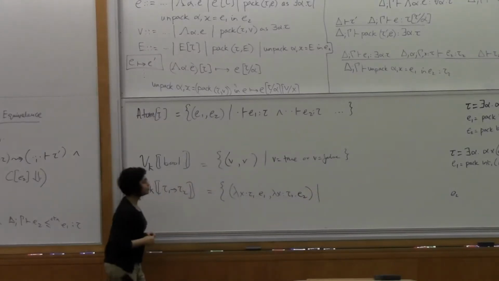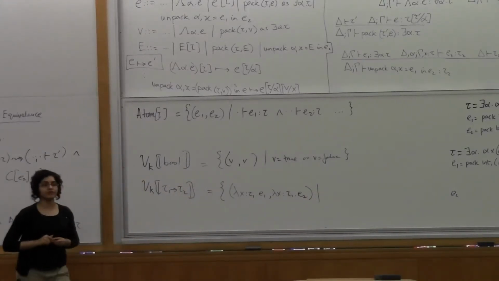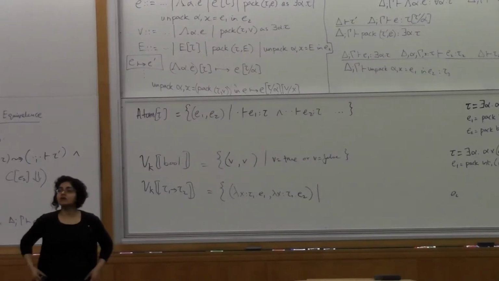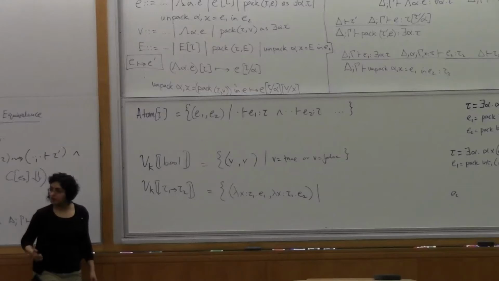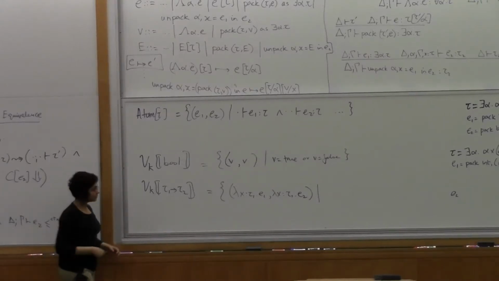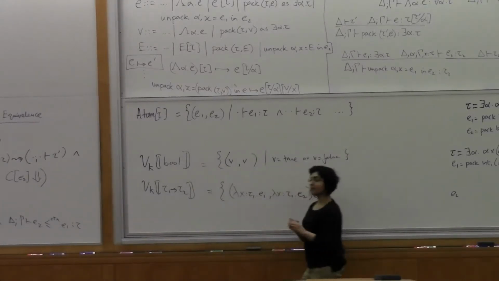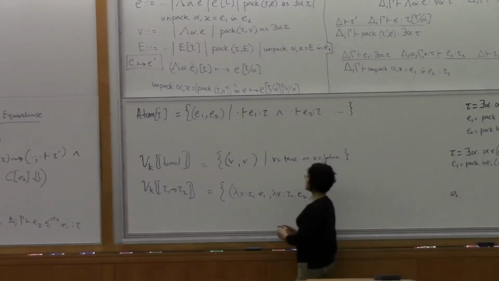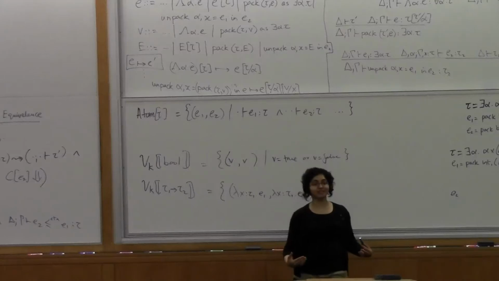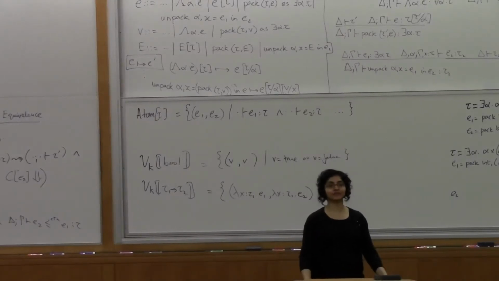So when do two functions look like they're equivalent? Oh, to the same term? Yes, exactly. So what we want is, we've been saying this about logical relations: if you give me related inputs, I will give you related outputs.